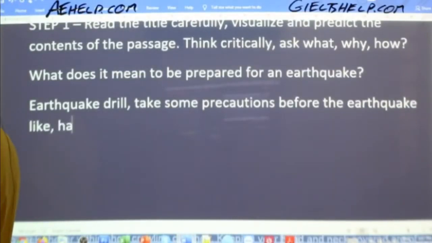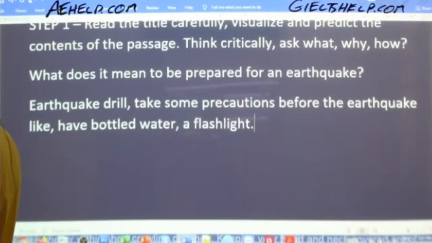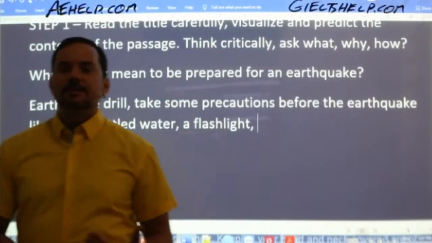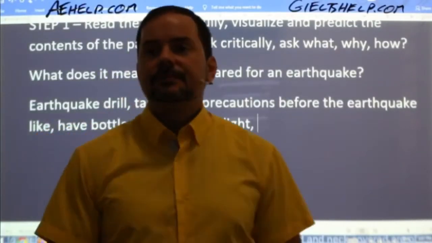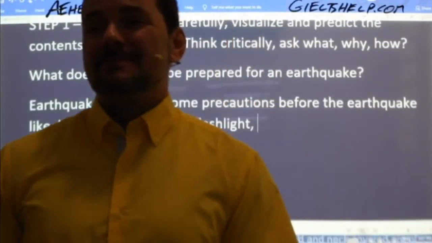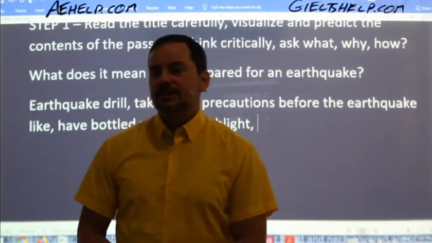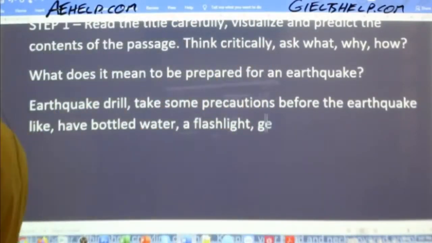Like, have bottled water, a flashlight. When you're predicting, you want to be specific. All right. Sakibo says maybe some medication. Charlie says, get out of the house, get out of the office. Okay.